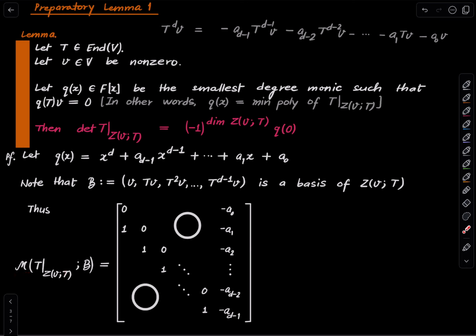And therefore, this implies that the determinant of this endomorphism is, well, how do we find this determinant? We use the recursive formula for the determinant. The first row has all zeros except for the last entry.